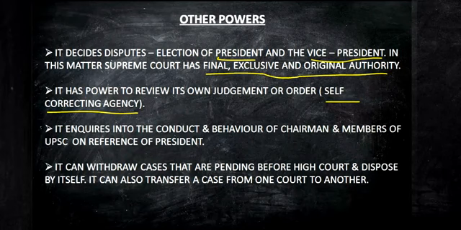Earlier in the 1970s, when the issue of right to privacy came, whether right to privacy is a part of fundamental rights or not, the Supreme Court said that no, right to privacy is in no way a part of fundamental rights. But now in 2007, the Supreme Court is saying that right to privacy is an integral part of fundamental rights. That means the Supreme Court has corrected its judgment.